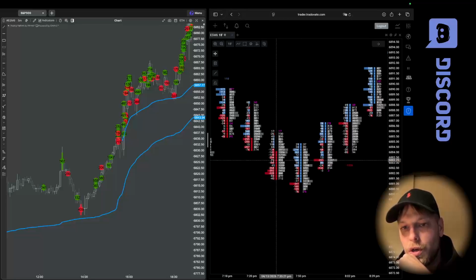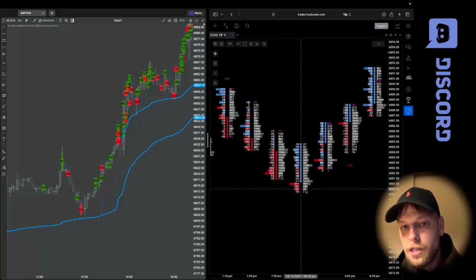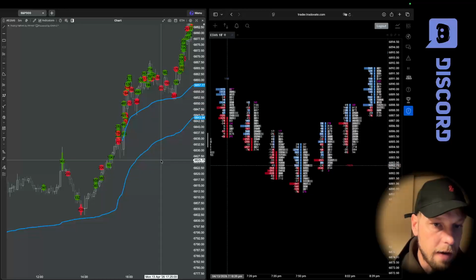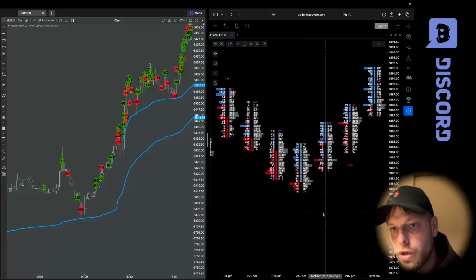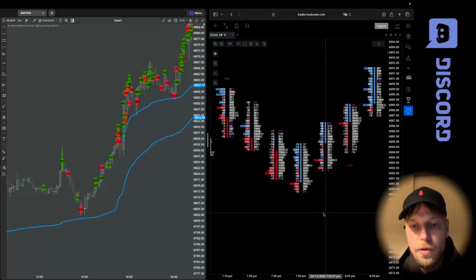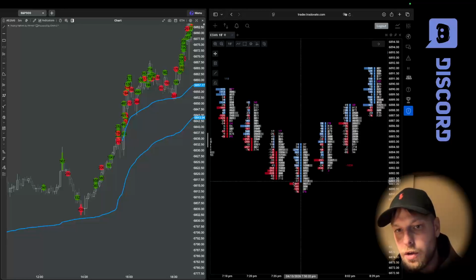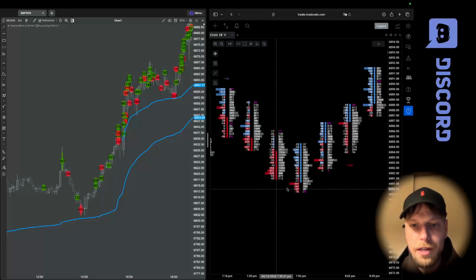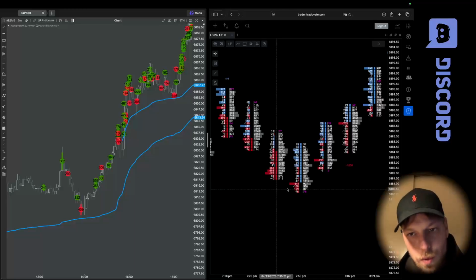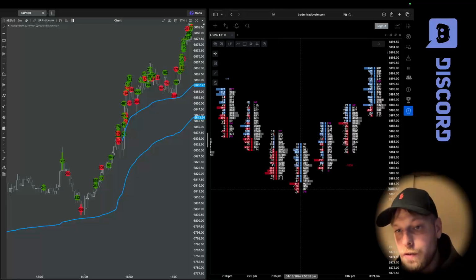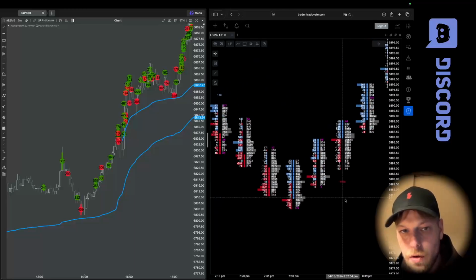This is a huge cluster, this is also a huge cluster. If I see this, even if I was not using levels, I have the balls to go long here, because the footprint is literally telling me that there is some kind of absorption, or sellers are stepping out, maybe buyers are getting stopped out or whatever. So it takes the selling pressure away, and because of that the market will go up, at least for a few points. I'm not looking for home runs.